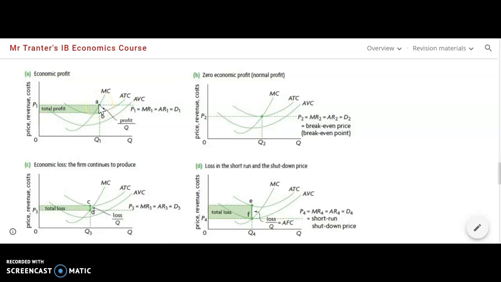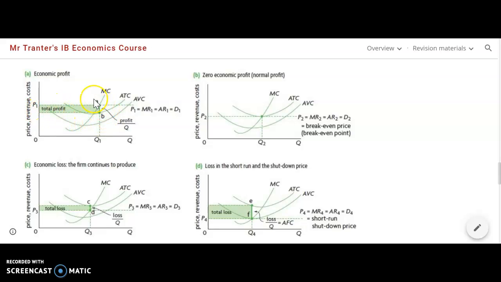At this point, the price is equal to A. Now, where this cuts the ATC curve is just here at B. So for every unit we sell, we are making a profit of A minus B. We are selling this many units, 0Q1, so 0Q1 multiplied by A minus B gives us this area of total profit.